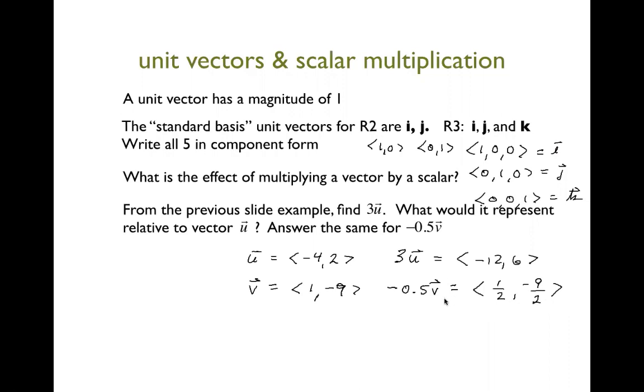But the magnitude of the vector will turn out to be half, because it's 0.5, half of the original, right? But then the negative does what? It shifts the direction. Now the vector is in exactly the opposite direction. So when you have a negative scalar, you have two things happening. You get the opposite direction, but it's also going to scale it by whatever that factor is. So this is scaling it down by a factor of 2, right? Scaling down by a factor of 2, whereas the other scaled it up by a factor of 3.